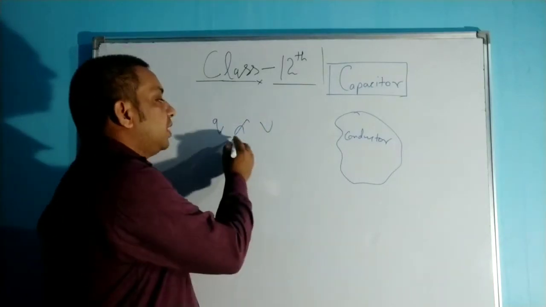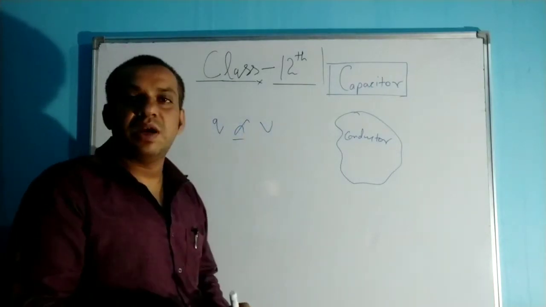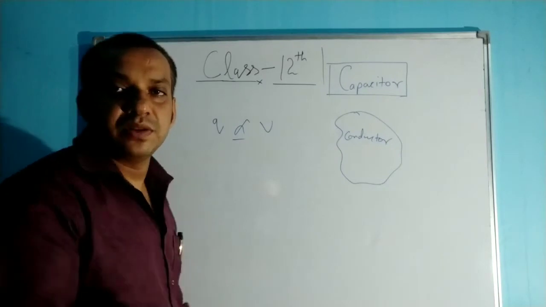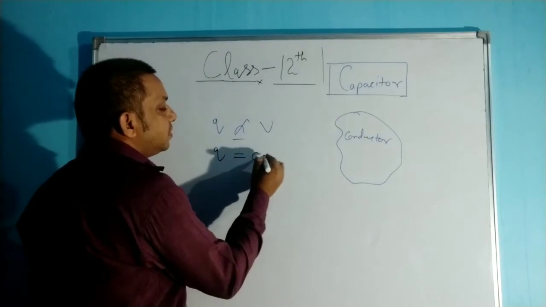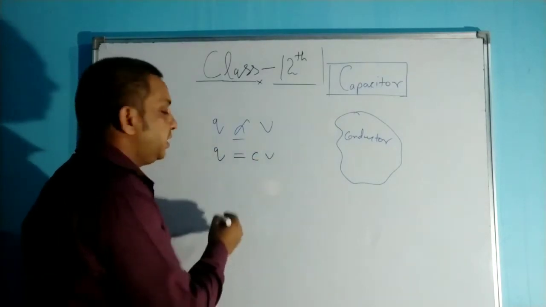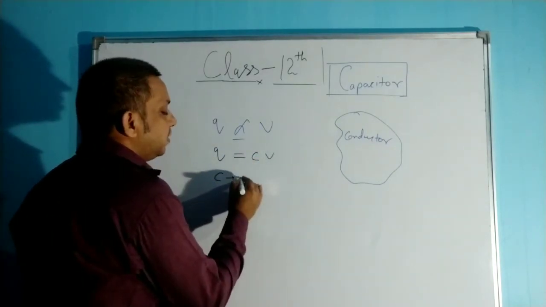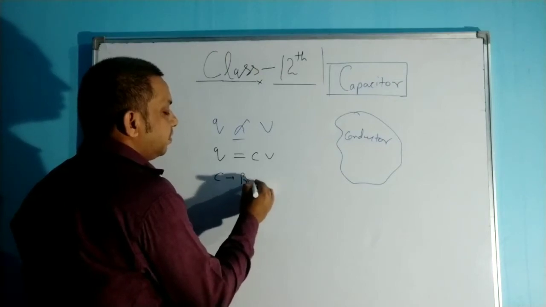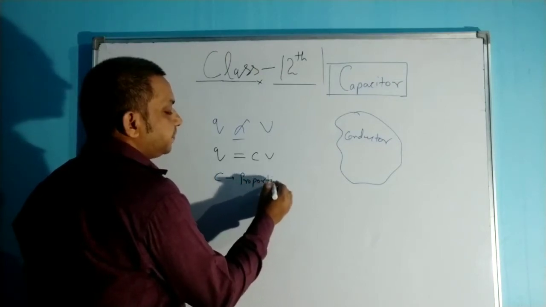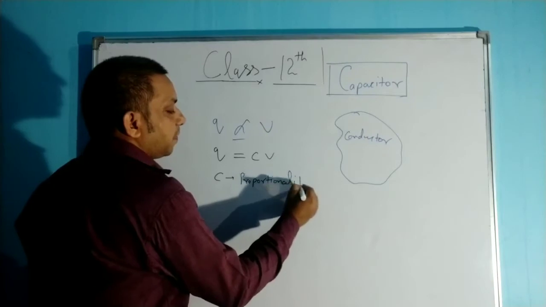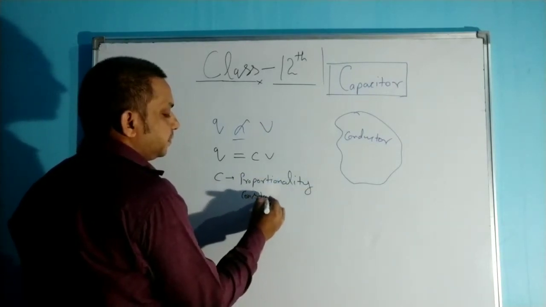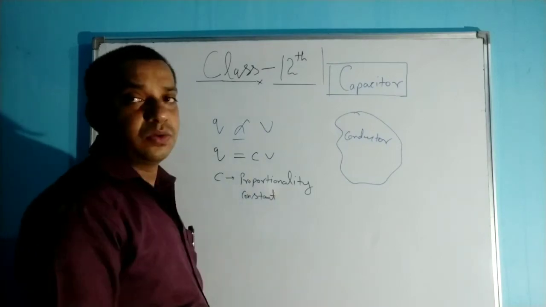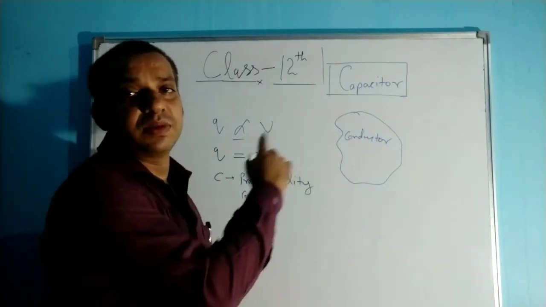So Q is directly proportional to V, and whenever you remove this proportionality sign, you have to use a constant. This time I am using the constant C. So Q is equal to C into V, where C is a proportionality constant, commonly known as the capacitance of the conductor.